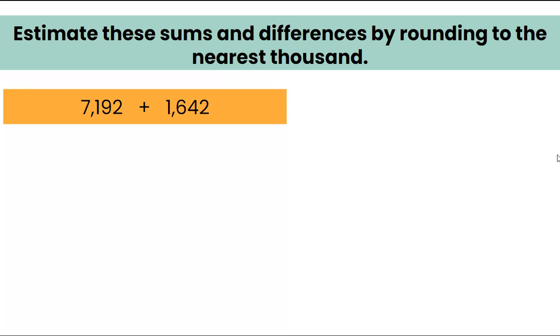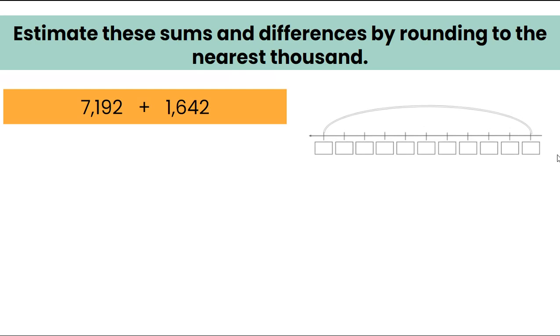Here are our first numbers, 7,192 plus 1,642. Here's my visual aid, a number line. Here's my number, 7,192. I can see that this is less than halfway. If I look at the 1 in the hundreds place, that also tells me I need to round down. So I will round down to 7,000.